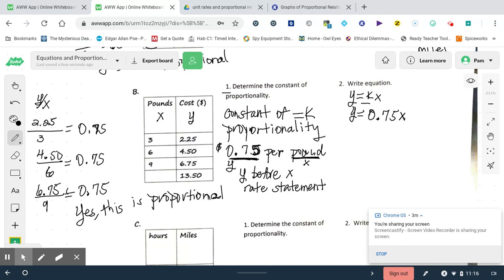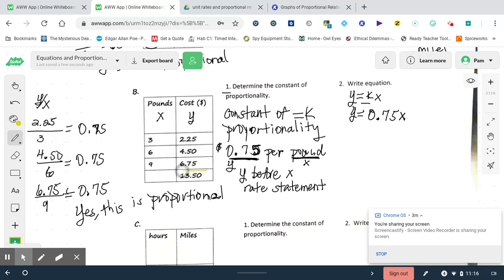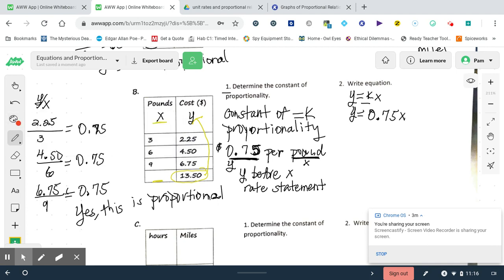Okay, now we're going to go over here and try to fill in this missing value. Okay, so I have 1350 as a y, therefore I'm missing an x. Okay, but 1350 is a y. It's cost. So what I'm going to do is write y, it's supposed to be a y, guys, equals 1350.